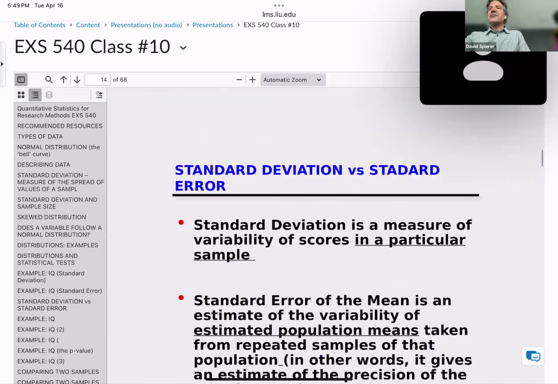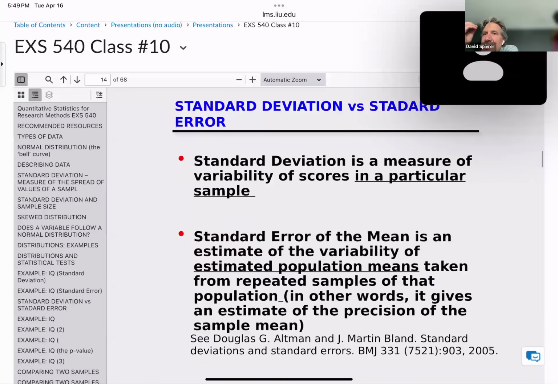Because the standard error is the error or the difference or the variation of the mean, and it's an estimate, as it says here, of the variability of various populations. So it basically is an estimate of how precise the sample mean actually is.